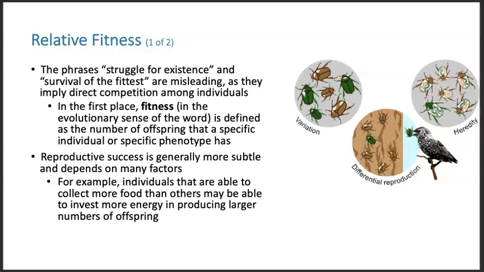Survival of the fittest is also a bit misleading because, in the first place, the word fittest, in the context that Darwin meant it, refers to the concept of fitness. And fitness is not about how strong you are or how intelligent you are. Fitness is defined as the number of offspring that a specific individual or a specific phenotype within a population has. So the offspring that you make.